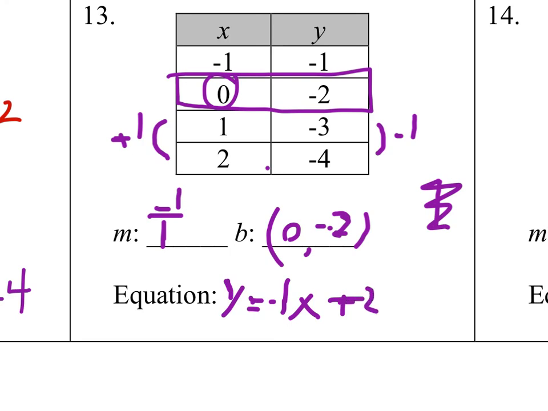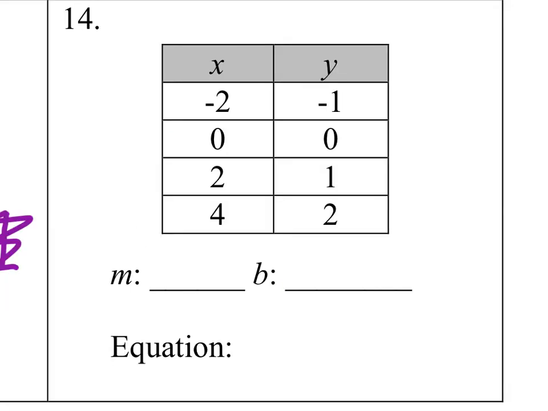Bam. That's excellent. Very good. Just clean up this part. That's better. All right. Good luck.